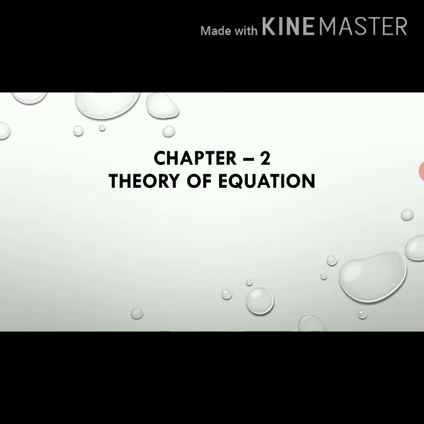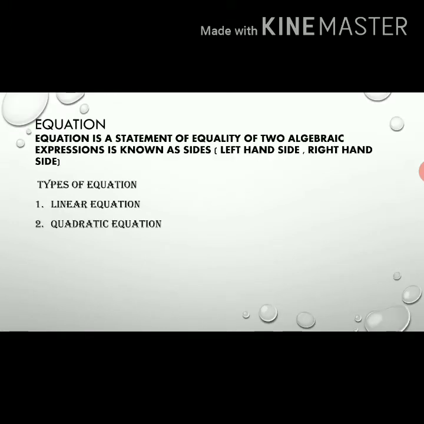Let's first start with the meaning of equation. What do you mean by equation? An equation is a statement of equality of two algebraical expressions, known as the left hand side and the right hand side.